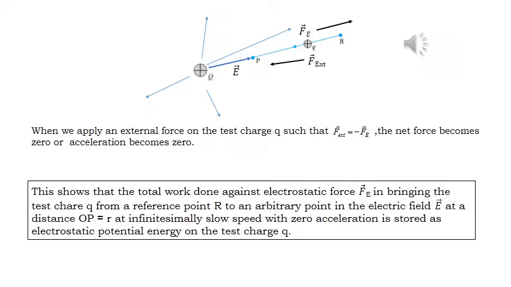And what is the statement within the box? This shows the work done against the electrostatic force F vector in bringing the test charge q from a reference point R to an arbitrary point P in the electric field E, at a distance OP equal to r, at infinitesimally slow speed and with zero acceleration, without any acceleration.